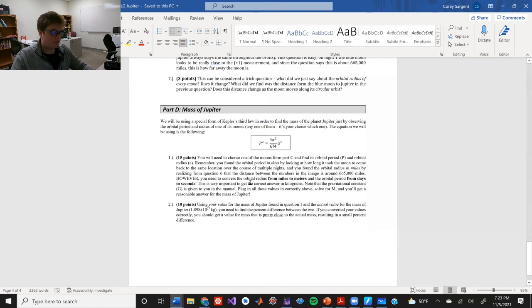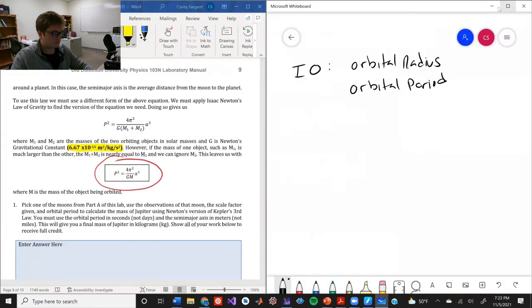So we have, from part C, for one of the moons, an orbital radius in miles, and we need it in meters, and we have an orbital period in days, and we need that in seconds. Right, so I'm going to write that.